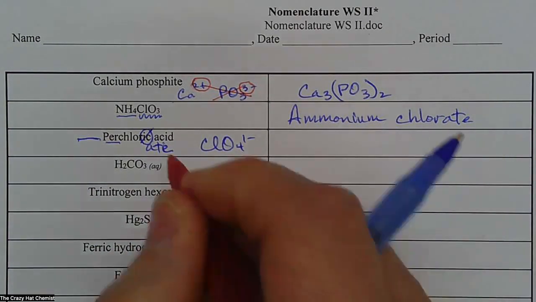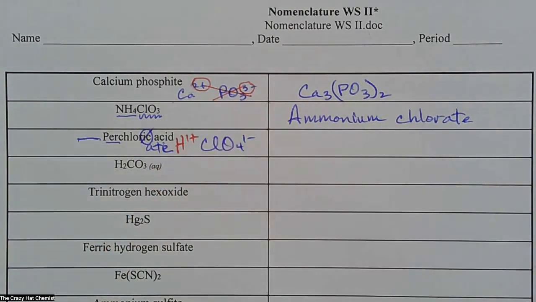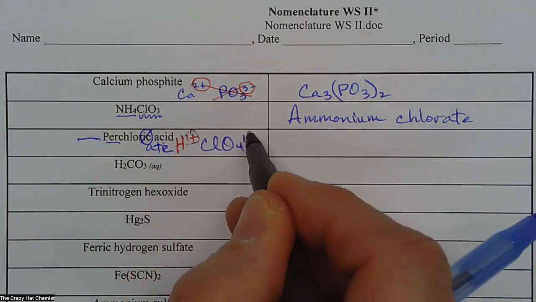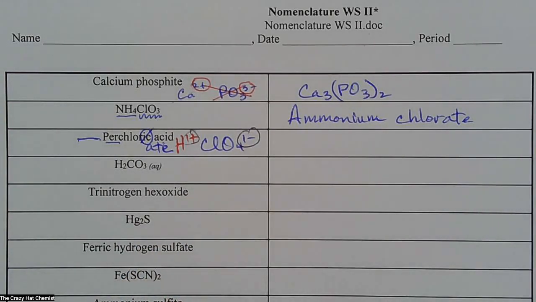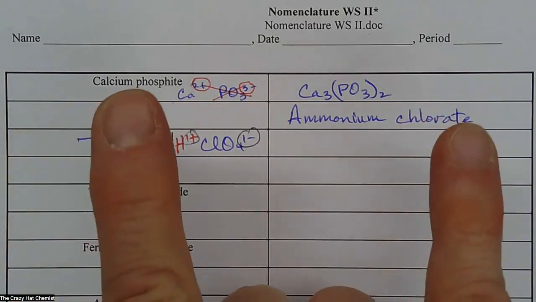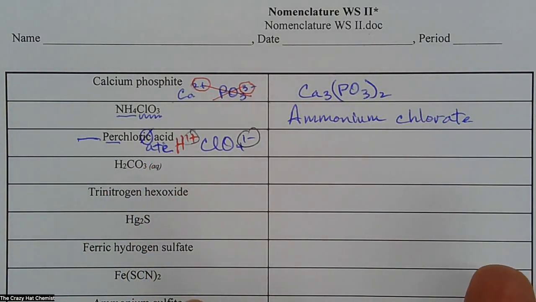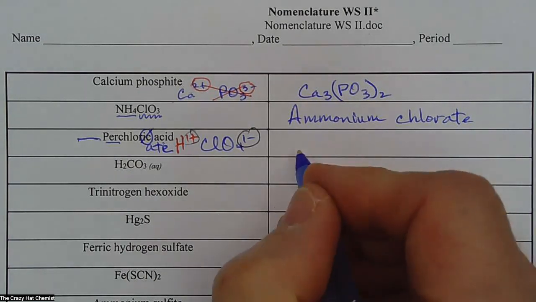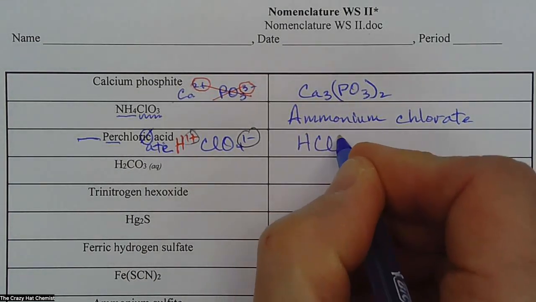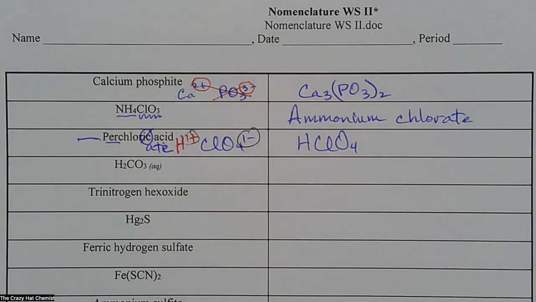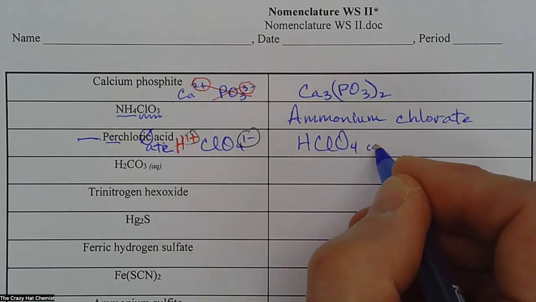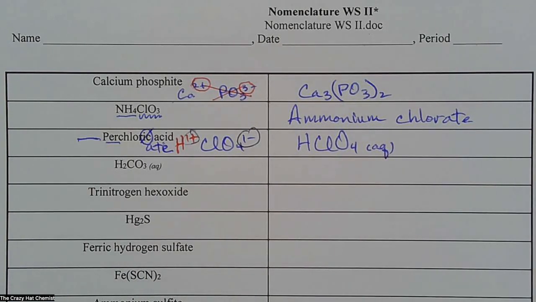And all acids have hydrogens associated with them. So what we're going to do is take the absolute value of these two numbers, flip the numbers, bring it down. I did tell you, take the bull by the horn, flip, drop it down, and then you get that formula. So it's going to be HClO4. And then some people like to write the aqueous here, although it's not necessary on polyatomic ion acids.